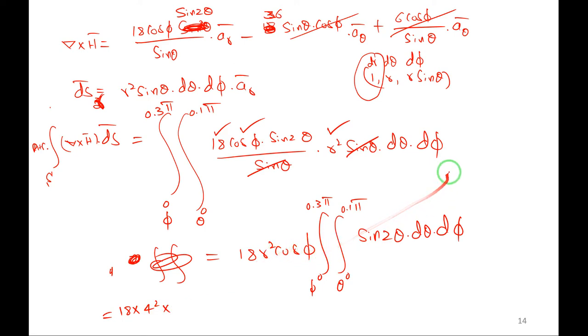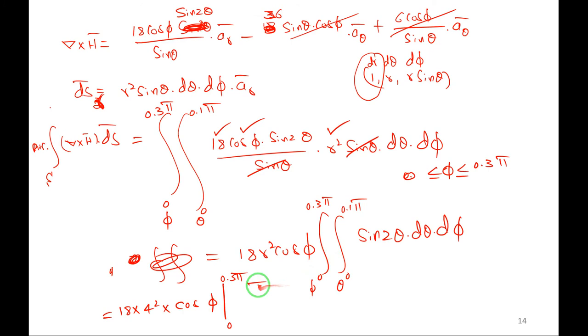Phi is varying from 0 to 0.3 pi, right? So what is the value of phi I have to take here? Whether I have to take 0 or 0.3 pi. So let me write it here, and I will ask the calculation, you do it. So let me I am taking both. So 0 to 0.3 pi.